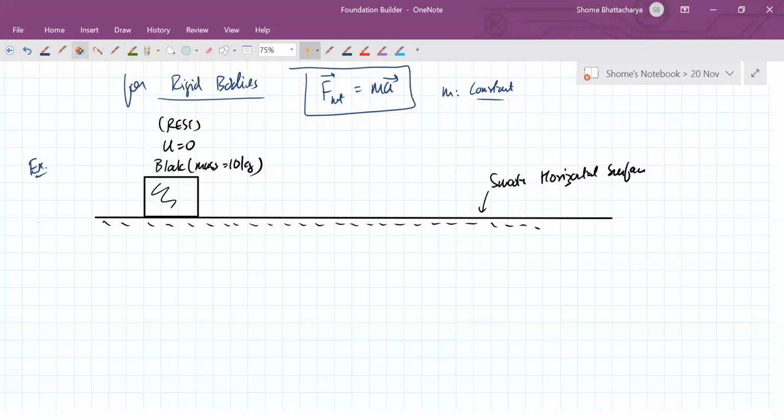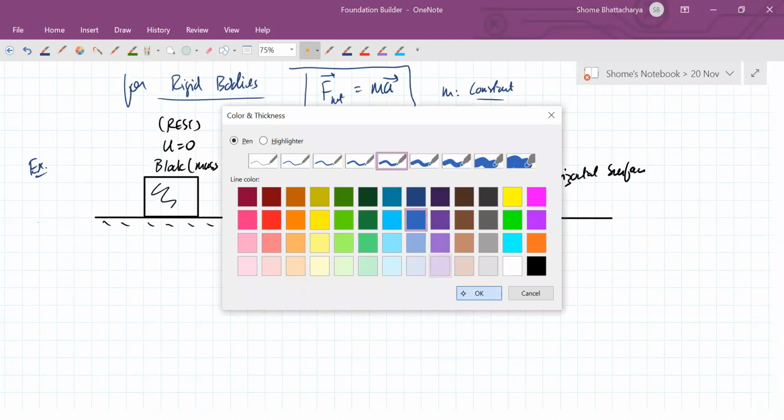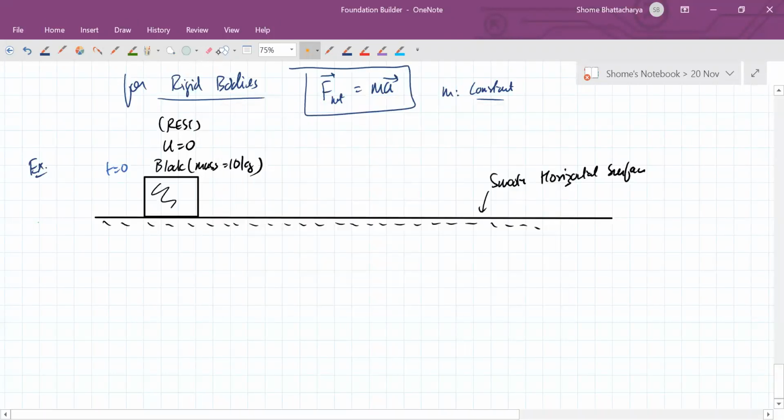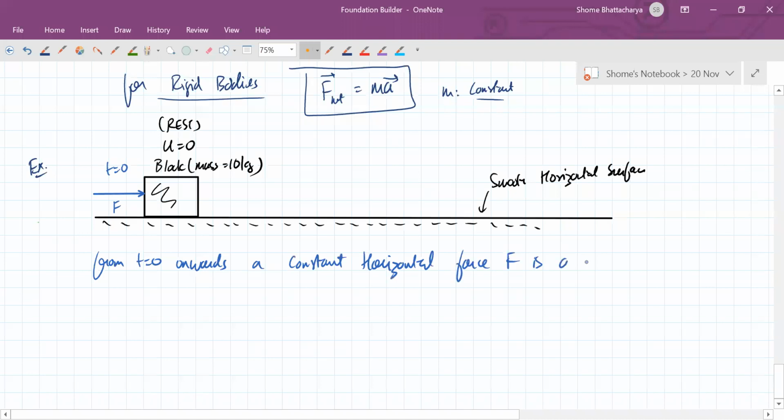Now from t equal to 0 time onwards, we start applying a horizontal external force. So from t equal to 0 onwards, a constant horizontal force F is applied on the block.